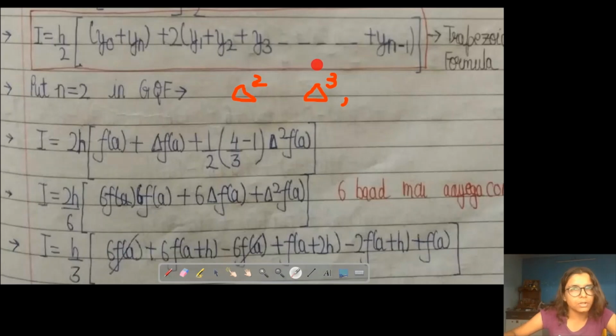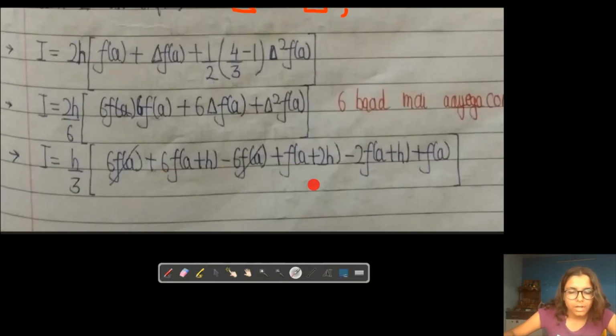I mean, from the third degree of delta, we would ignore them, because we are ignoring them, we are only left with the terms until the second degree. As always, we would simplify all the values of fa and keep the value of n.